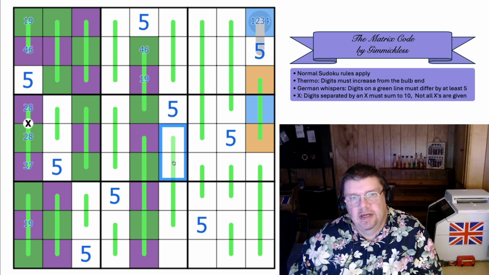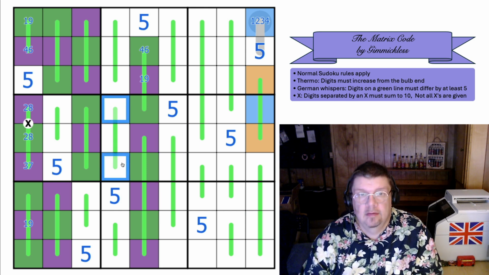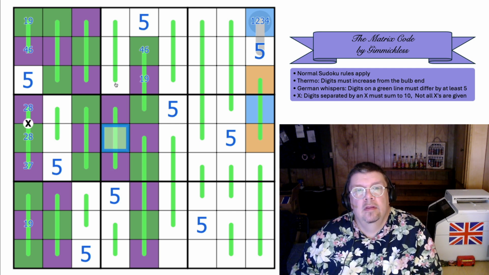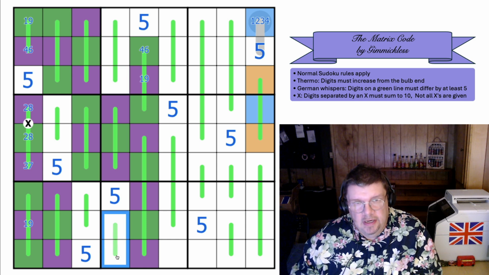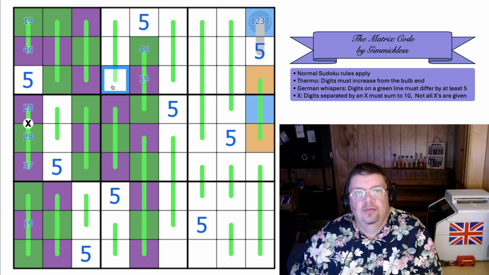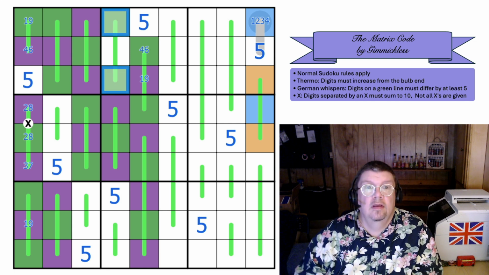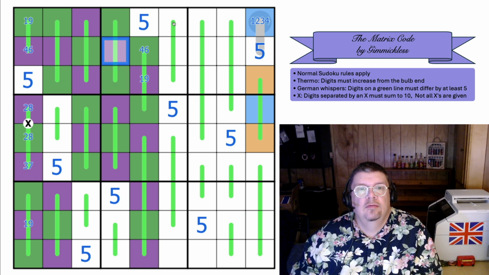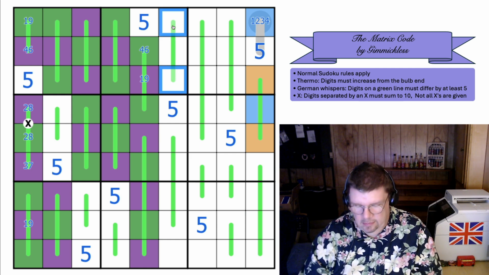I've got one of each here, so this needs to be 2 purple and a green. I have one of each here, so to round out the column I need 2 greens and a purple. To round out this box I need 2 purples and a green.